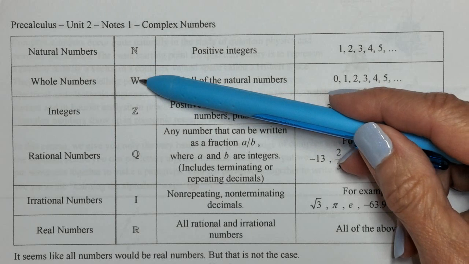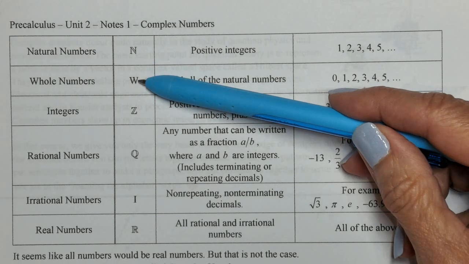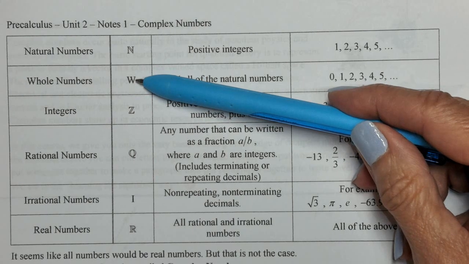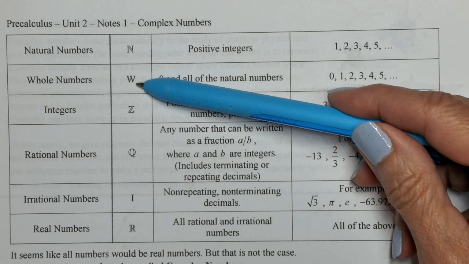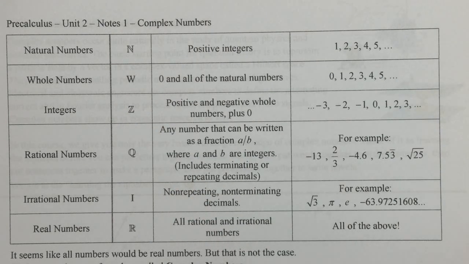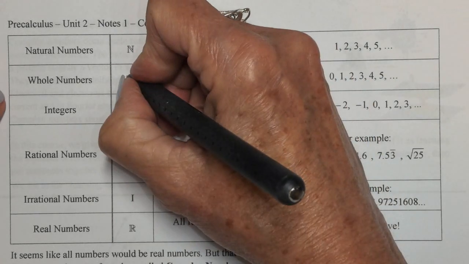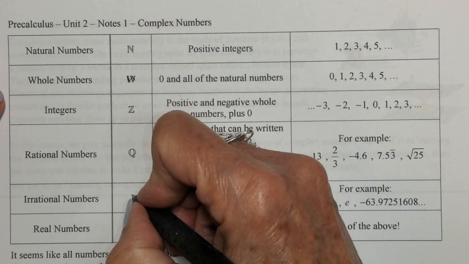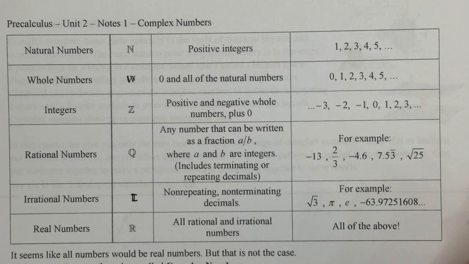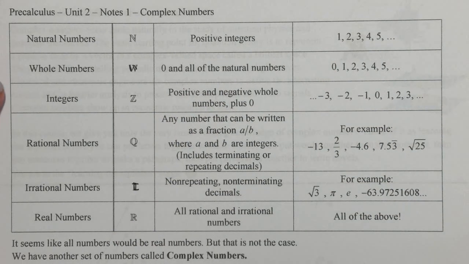When I was typing this up, I couldn't find a W and I couldn't find an I, but those are supposed to also have the double bars on them, kind of like that. But anyway, you get the idea. So there are those symbols.